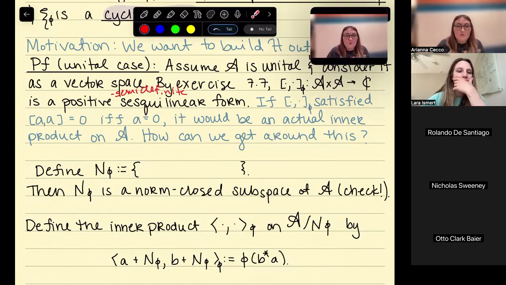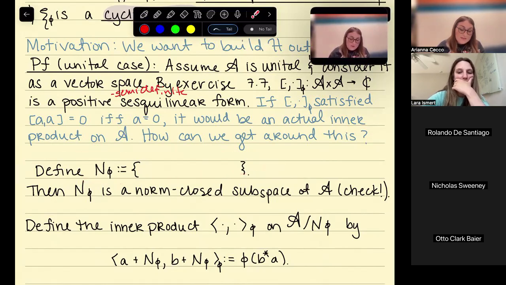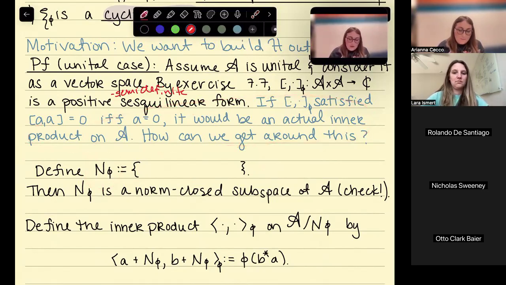Exactly. We want to quotient out by those elements. So first, I'm going to define N sub phi to be all those elements that I don't want. And how do I define this N sub phi? Could you guys tell me in the chat?